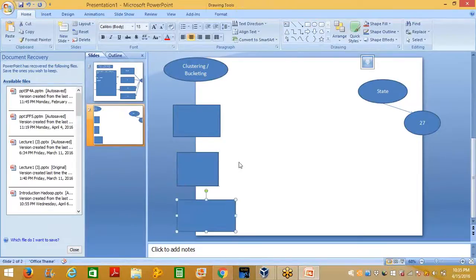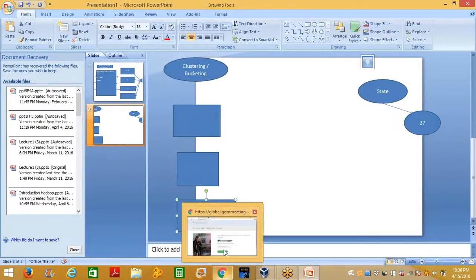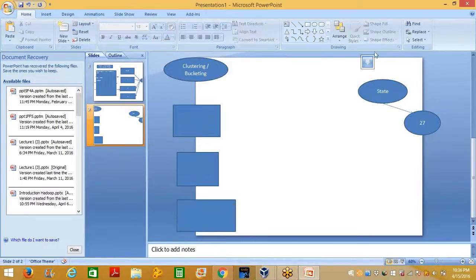That means I myself will decide that no matter what values you have, whether they are small values, big values, or distinct values, all these values will get into any one of these 3 buckets.